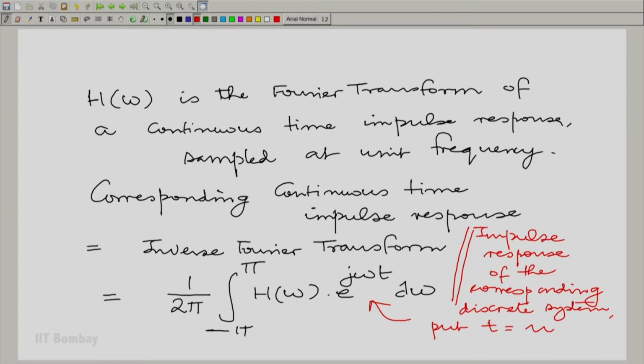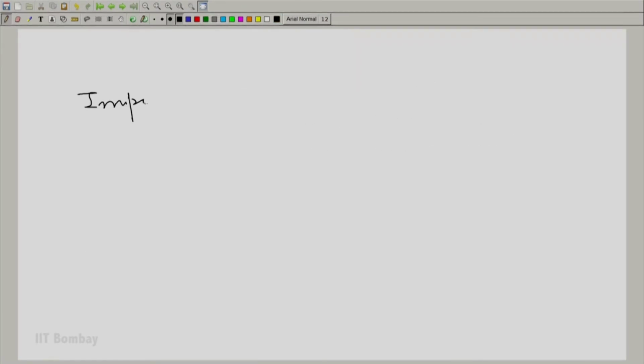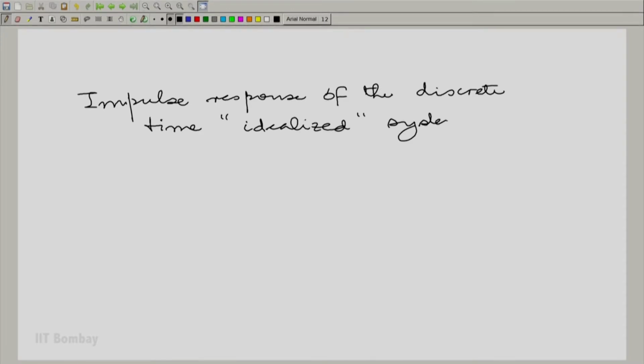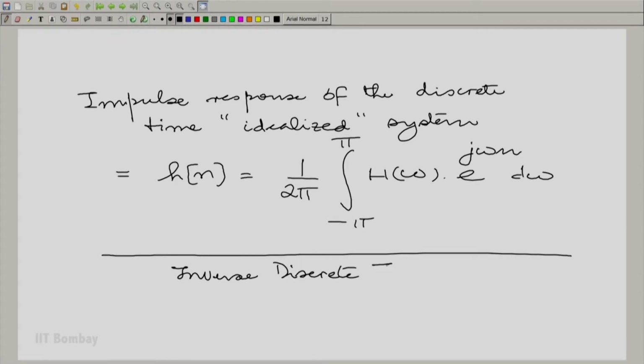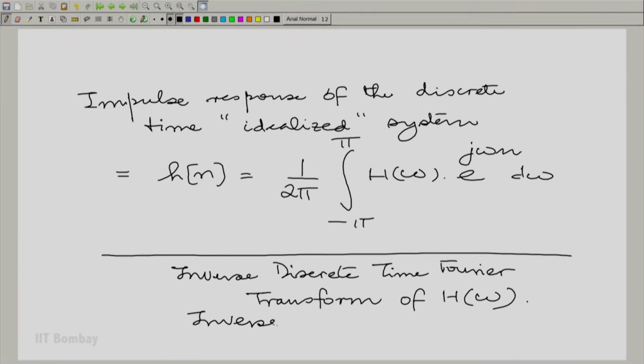So simple. So that means we are essentially saying the impulse response of the discrete time system is given by what we call the inverse discrete time Fourier transform of capital H omega, or inverse DTFT for short. And we can evaluate this very easily for this particular case.